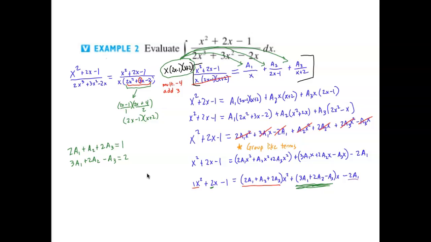And last but not least, my constant, negative 2A1, has to equal my constant, negative 1. So negative 2A1 equals negative 1.